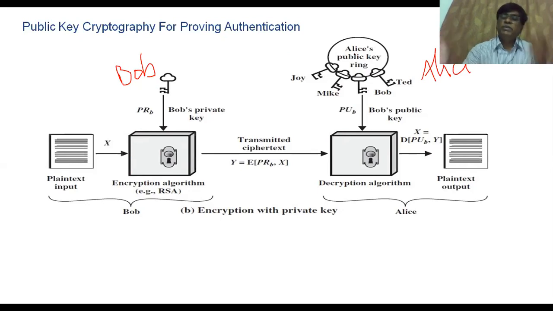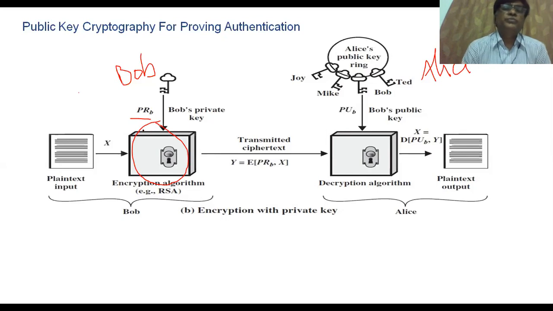Alice requested a message from Bob. Now Bob encrypts that message using a private key. Actually, this private key is very secret.